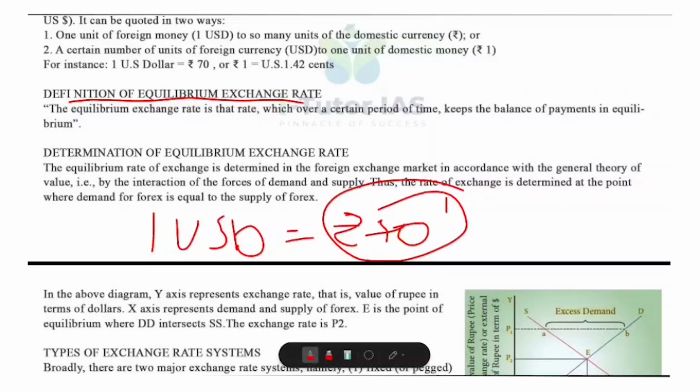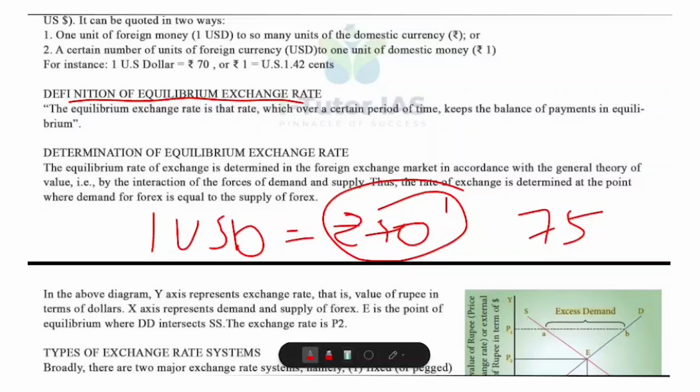If the rupee falls to rupees 75 per US dollar, exports rise, imports fall and BOP moves back towards equilibrium. If it rises from rupees 70 to rupees 65 per US dollar, exports fall, imports rise and BOP adjusts. The key point to remember is that the equilibrium exchange rate is dynamic. It can change with trade, capital flows and global economic conditions.